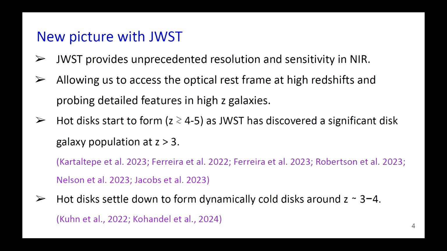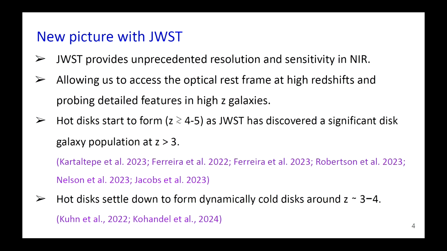In UV, with HST, we can sample only UV, where we only see the brightest stars like O and B type stars. After JWST has come, a huge number of disk population has been discovered at redshifts of greater than 3.